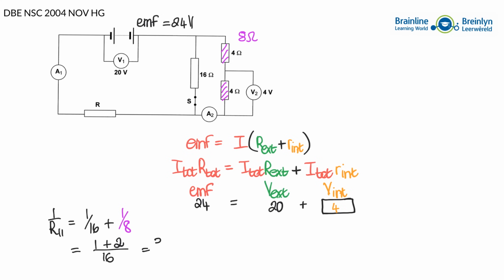In other words, the inverse of R parallel is 3 over 16, meaning that R parallel would be 16 over 3, which would end up being 5,33, always work to 2 decimal places, ohms.